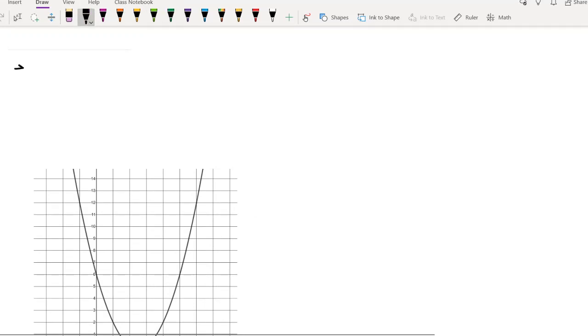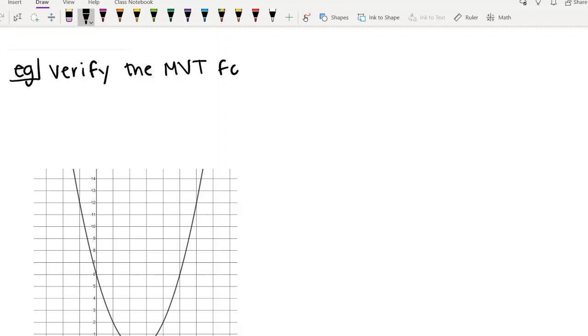So for this first example, we're going to verify the mean value theorem for the function f of x equals x squared minus 5x plus 6 on the interval from 1 to 6.